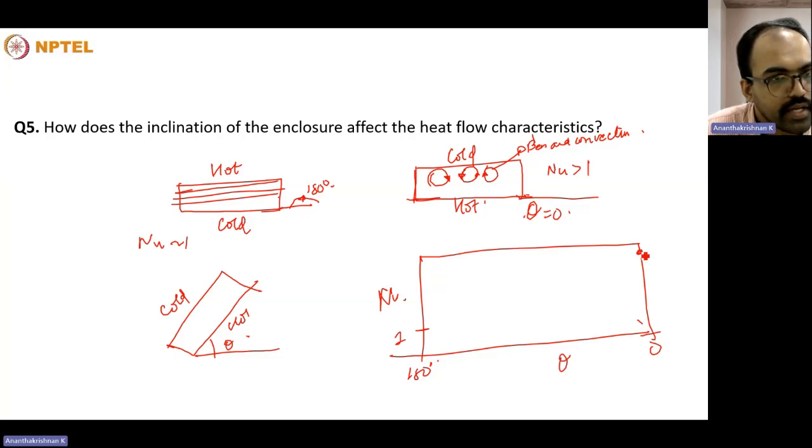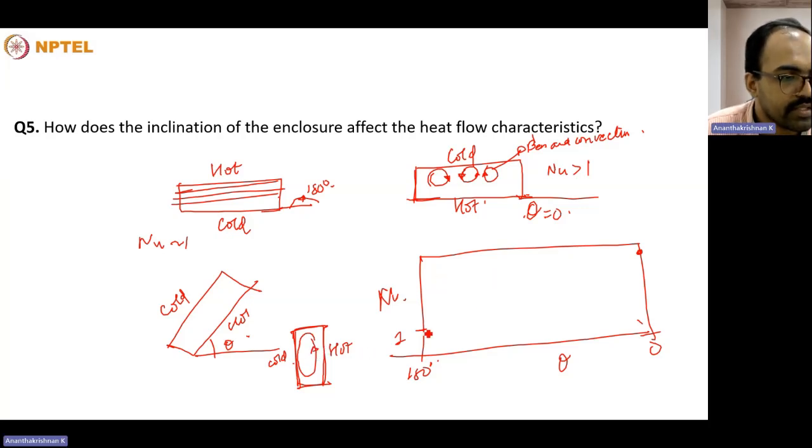So this is actually Bernard convection, and this is minimum. What we could see is that when theta increases and becomes vertical, this will be a hot wall and this will be a cold. This will be the normal natural convection case where the circulation happens from cold to hot.